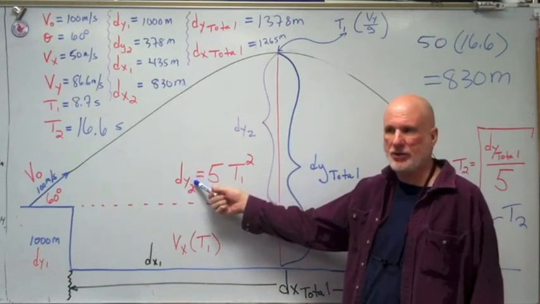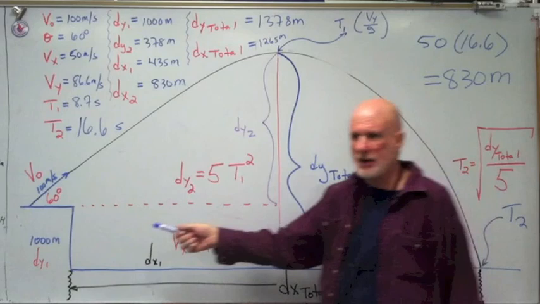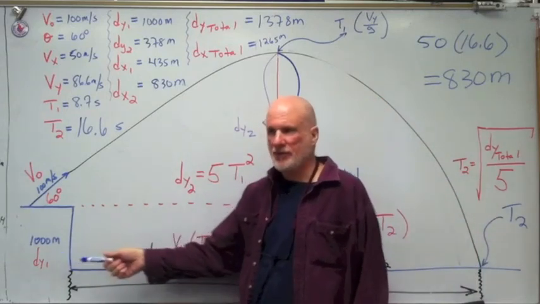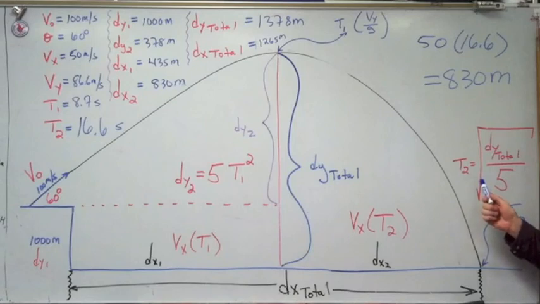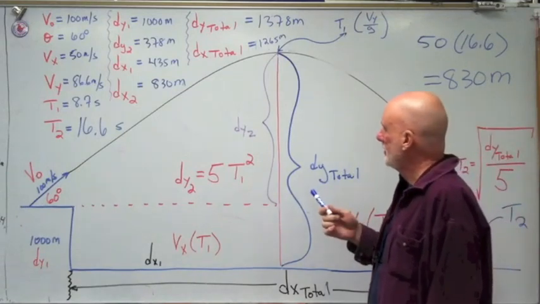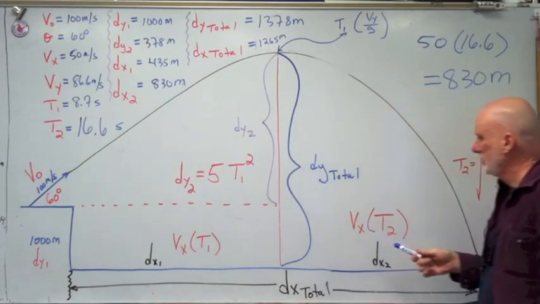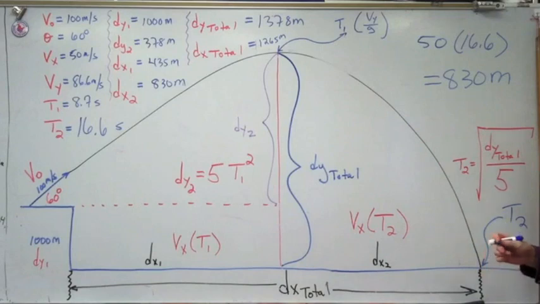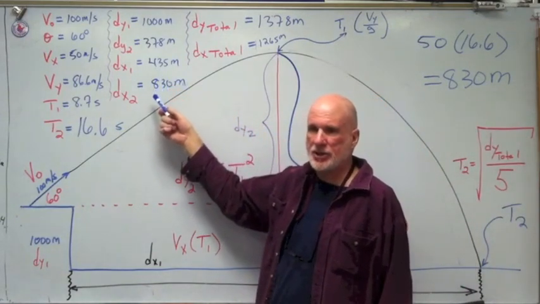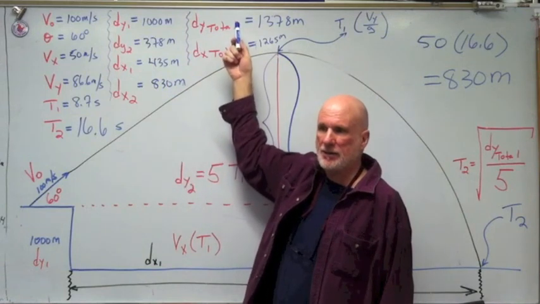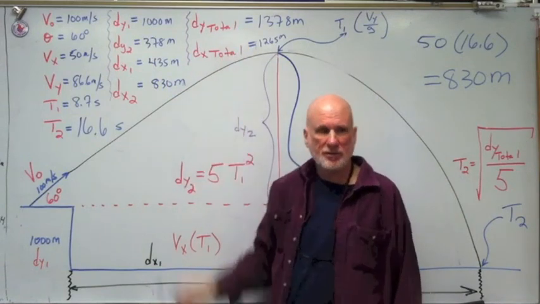Find dy2, add it to dy1. Find T2. Then calculate dx1, dx2, and put in your totals, and you're finished.